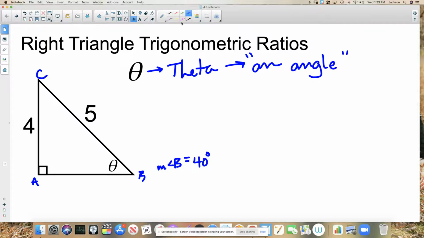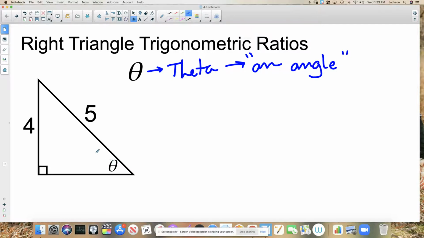In pre-calculus, once we get outside of a basic high school geometry course, we would just call an angle theta, and then we would just give theta the measurement. We don't use the m, we don't use the angle symbol. So that's the first thing you need to know about this angle theta. We can still use capital letters to notate angles like that, but we don't typically put the m and the angle symbol anymore.